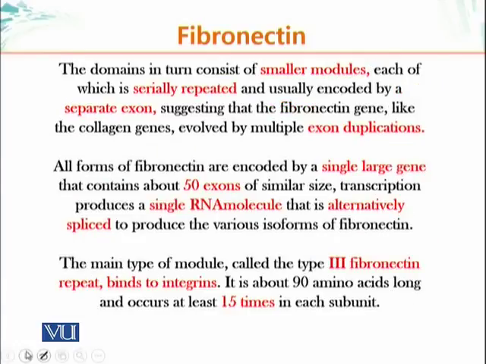The domains, in turn, consist of smaller modules. The domains we have shown, the yellow, blue and red, are made up of smaller modules, each of which is serially repeated and usually encoded by a separate exon. This suggests that the fibronectin gene, like the collagen gene, may have evolved by multiple exon duplications. The exons of collagen are roughly either 54 nucleotides long, or multiples of 54 nucleotides.